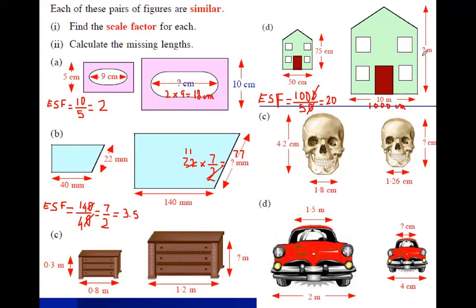And to find the question mark, you just do 75 times 20. 1500 meters. Yeah, so it'd be 1500 centimeters, because we're doing the scaling in centimeters, and then you can just, yeah, that'd be 15 meters.